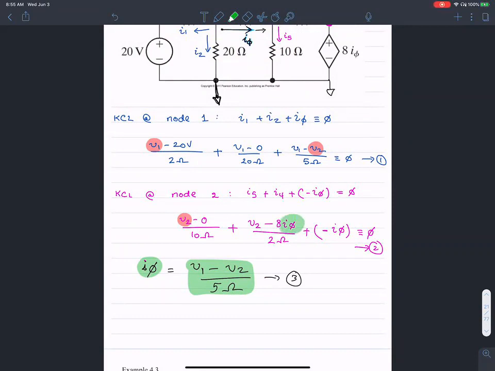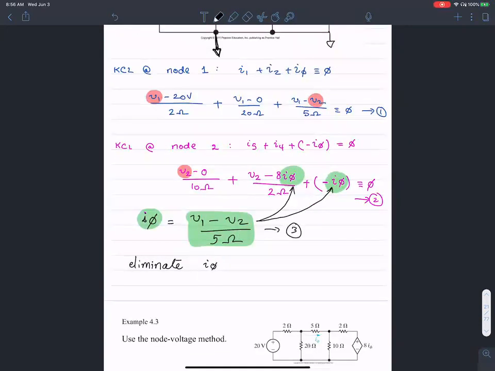I5, even though it shows up in the equation a bunch of different times, I can plug in not the value, the expression V1 minus V2 over 5 ohms in place of this guy and eliminate I5 as the unknown variable and express all my equations in terms of V1 and V2. Then I can solve the system of linear equations to get a value for V1 to be 16 volts, V2 to be 10 volts, and then I5 to be 1.2 amperes.